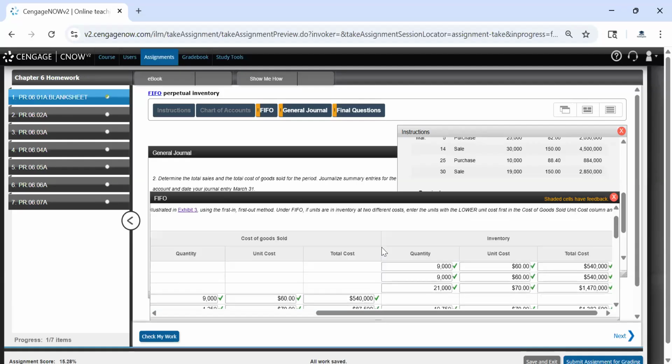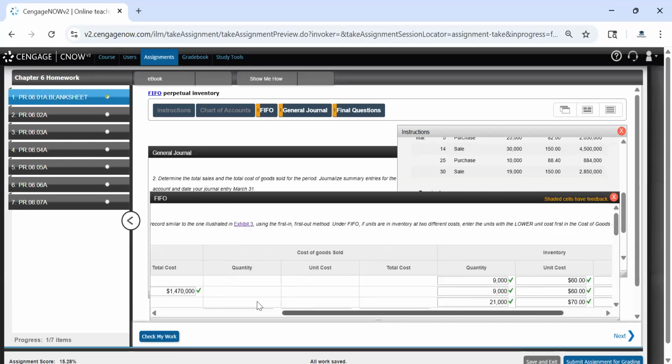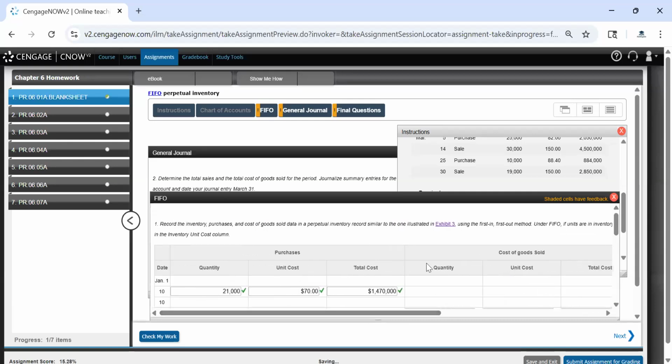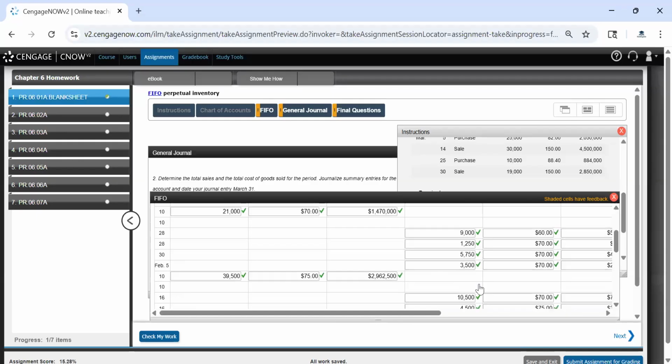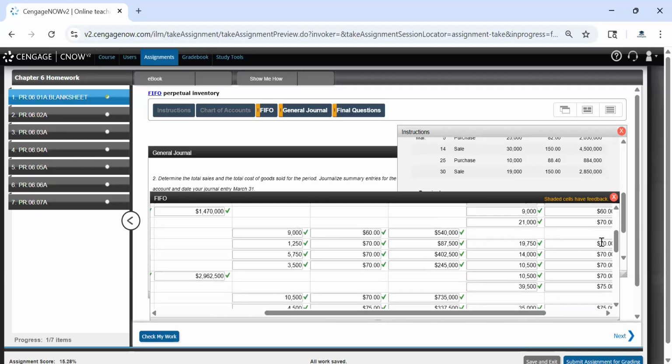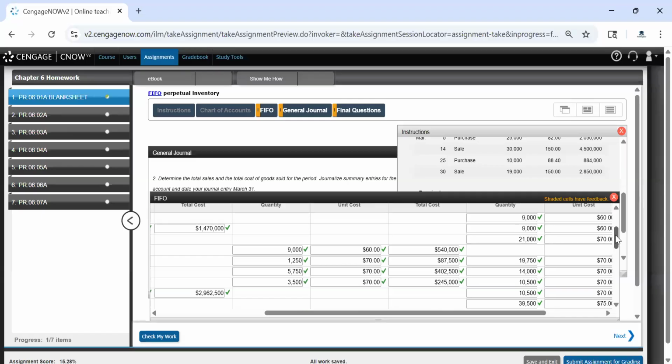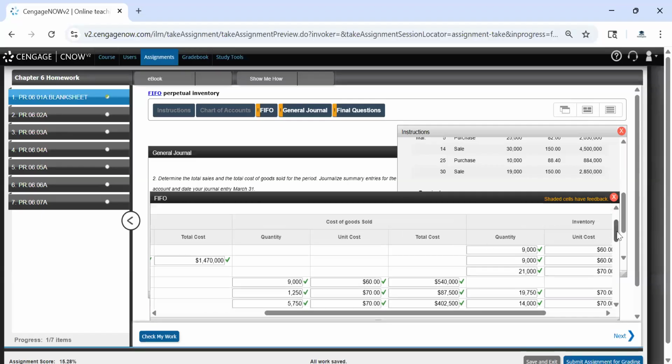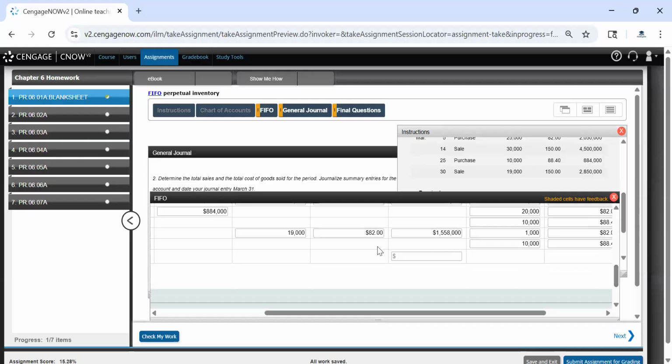And now, even though we didn't do the journal entries yet, we can add up the total cost of all of our items here in the cost of goods sold section. And that'll come out to our total cost of goods sold throughout the period.